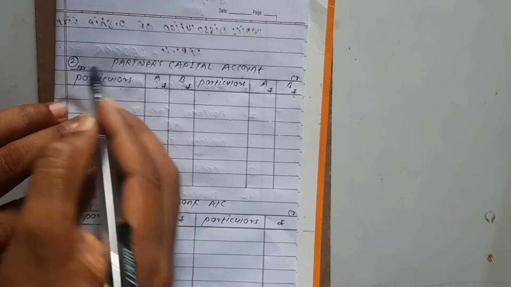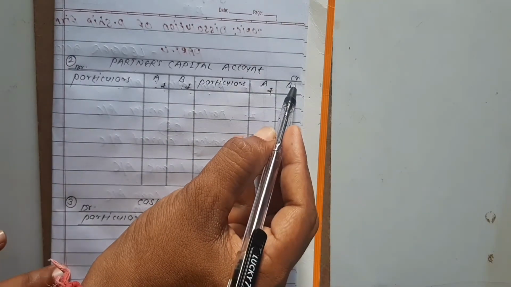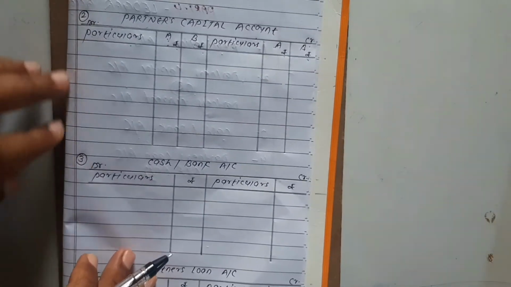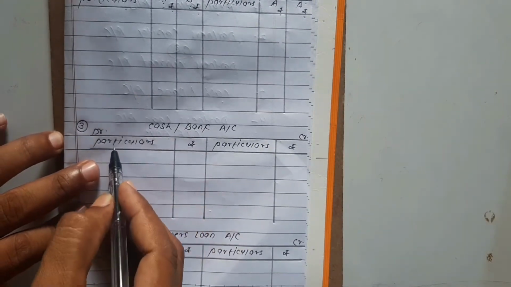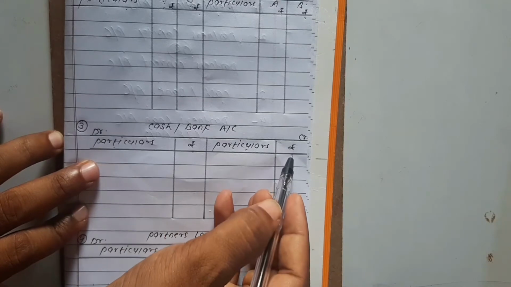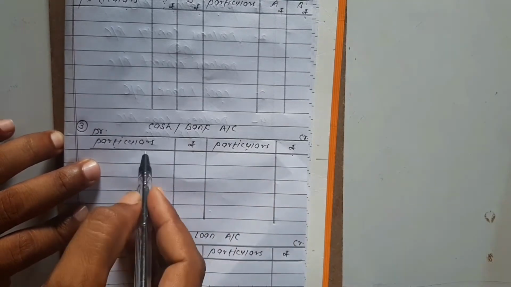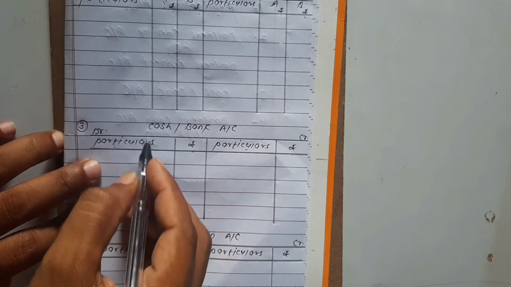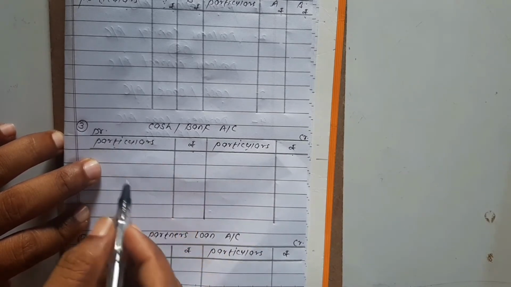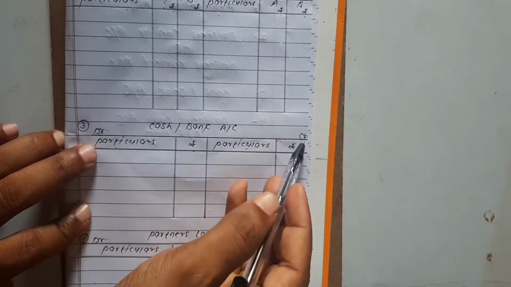Left hand side debit and right hand side credit. Okay, now number 3 is the cash or bank account. Here the same particulars, amount. There is no need to take the inner and outer because there is only a single amount. And no narration is required in this account. So same thing, debit and credit.